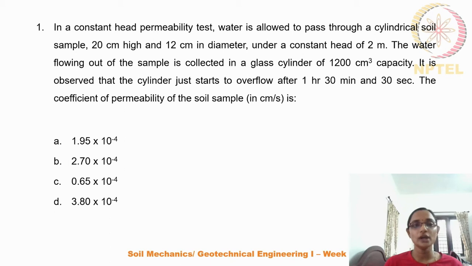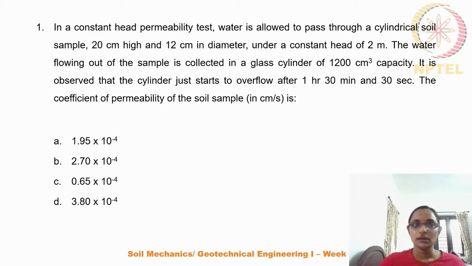The water flowing out of the sample is collected in a glass cylinder of 1200 centimeter cube capacity. It is observed that the cylinder just starts to overflow after 1 hour, 30 minutes, and 30 seconds. The coefficient of permeability of the soil sample in centimeter per second is.